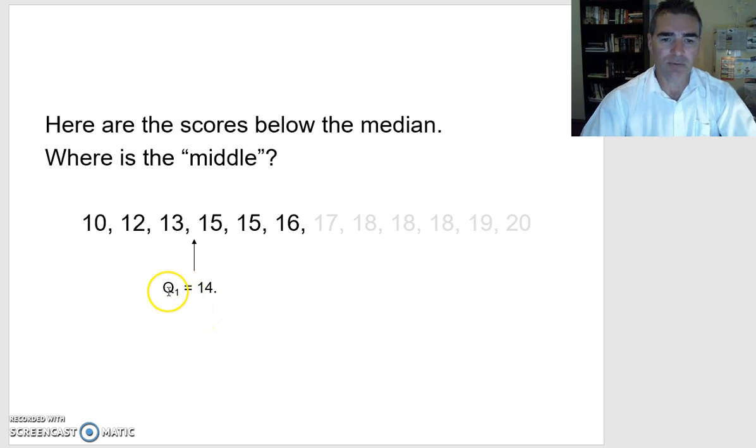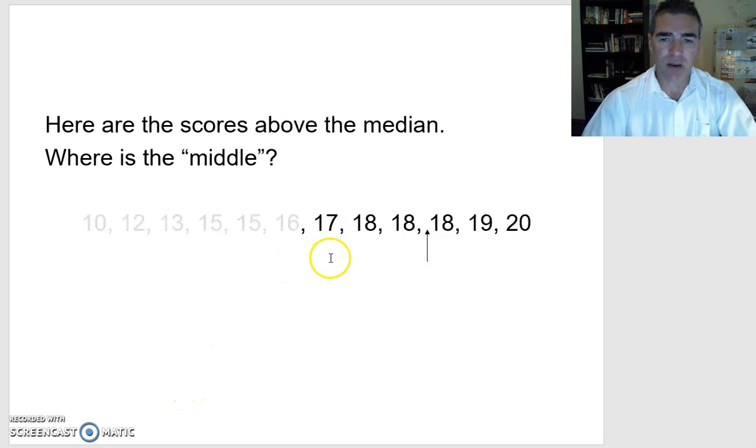Now, quite often we can write that as Q1, which is 14, or it's also known as QL, our lower quartile. And we can do the same with our upper half. So we can take those upper 6, cross 1 off each end, find that there's 2 middle ones again, and find the middle of those.